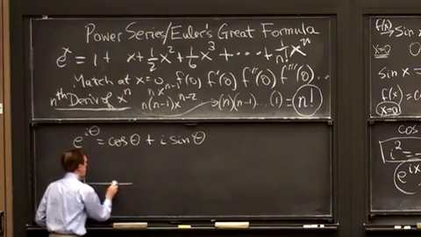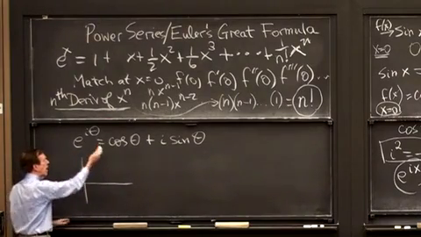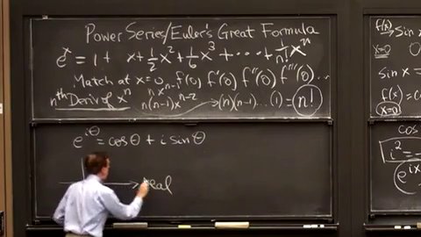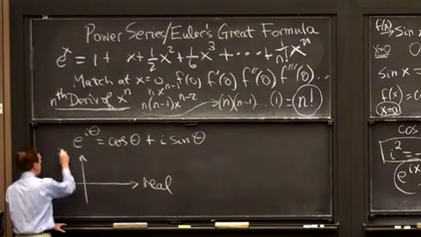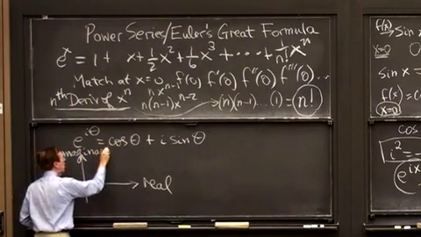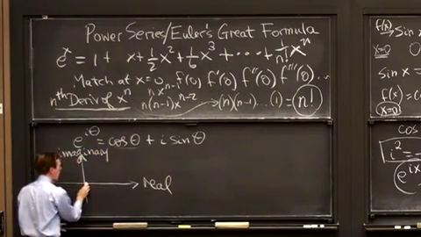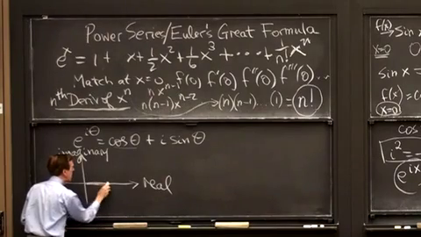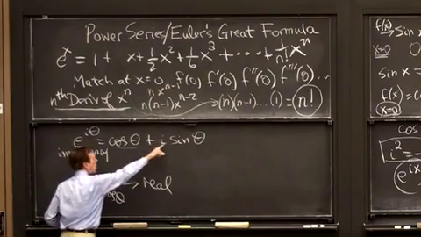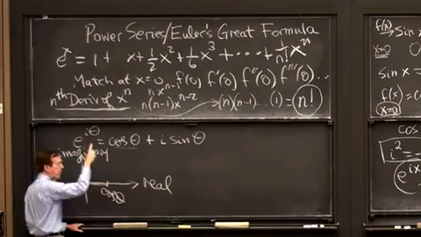So I have to draw that thing. Okay, this is the real direction, and that's the imaginary direction. And that's the real part, I go cos theta across here, so let that be cos theta. And then I go upwards in the imaginary, up or down.